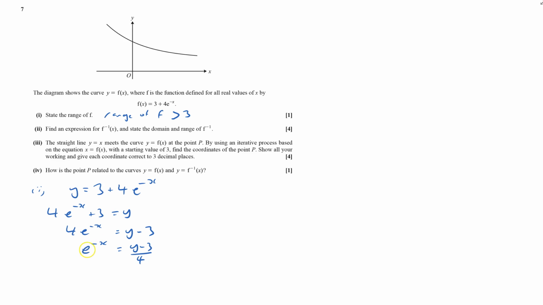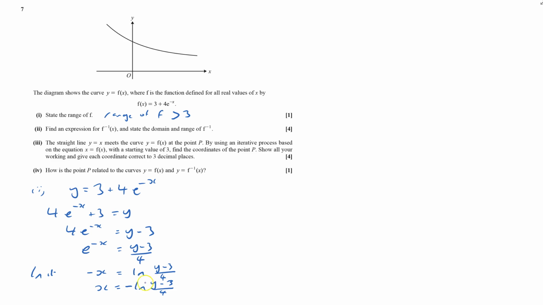Get rid of the e, so I'm going to have to ln it, because that will be the inverse operation of that. That will leave me with minus x equals ln of (y minus 3) over 4. And now I've got to times by minus 1, so x equals minus ln of (y minus 3) over 4.